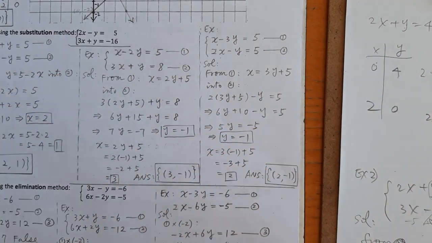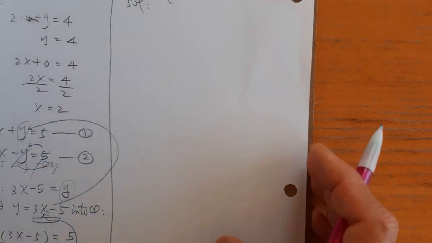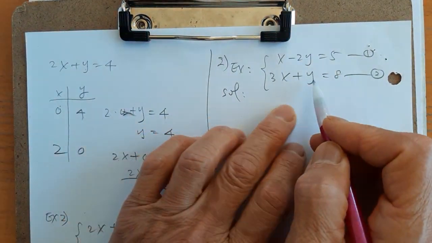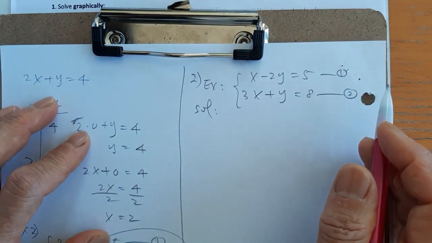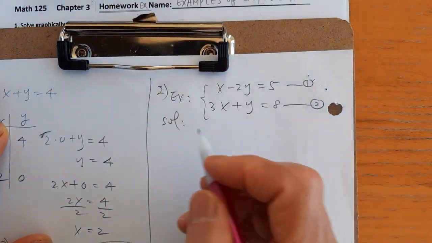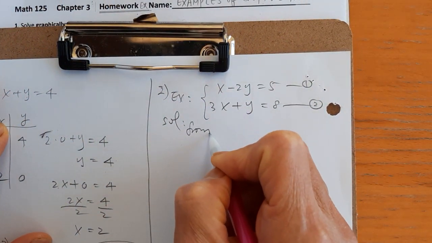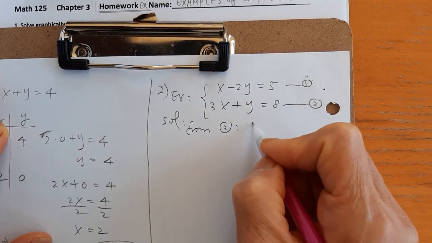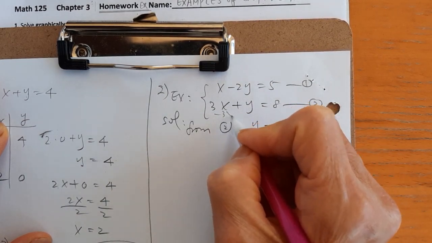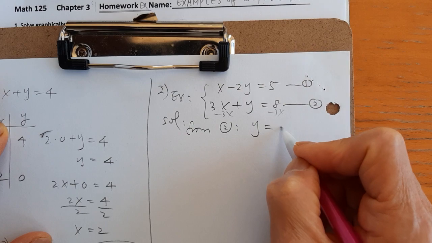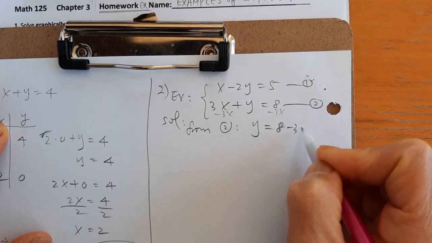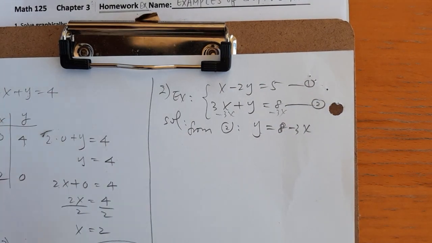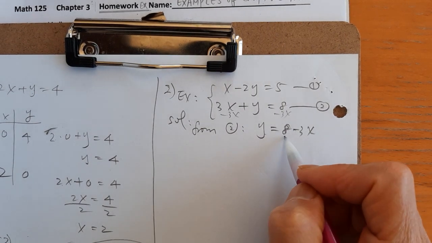Now here I'm going to do another way. From the second equation, write y in terms of x. So what I do here, from the second equation, I get y equal and minus 3x both sides. So get y equal 8 minus 3x. And then plug this in.